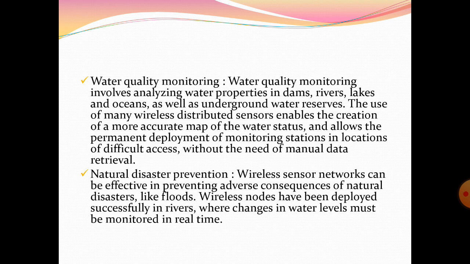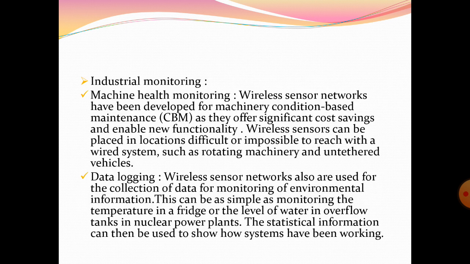So next we have natural disaster prevention. Wireless sensor networks can be effective in preventing adverse consequences of natural disasters like floods. Wireless nodes have been deployed successfully in rivers where changes in water levels must be monitored in real time. Industrial monitoring, we have machine health monitoring.